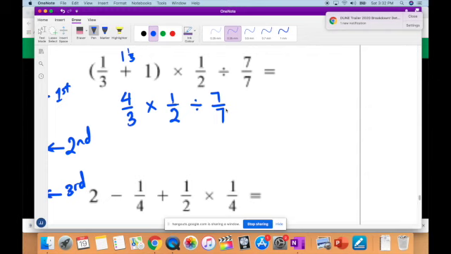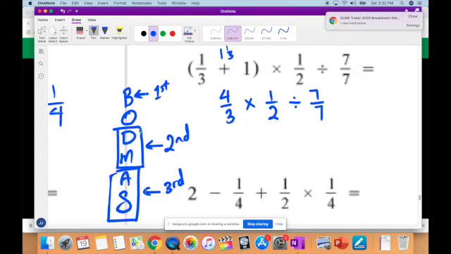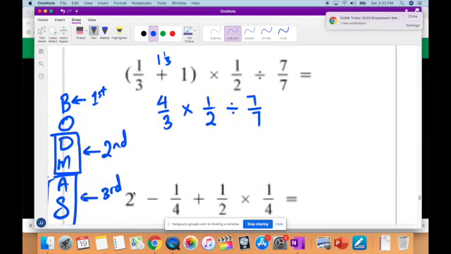It does not matter. Multiplication and division is essentially the same thing. So you could divide the half by the 7 on 7, which is 1. So you could divide the half by 1 first, or you could multiply this side first. Multiplication and division is the same thing, so they are together in the BODMAS, right?